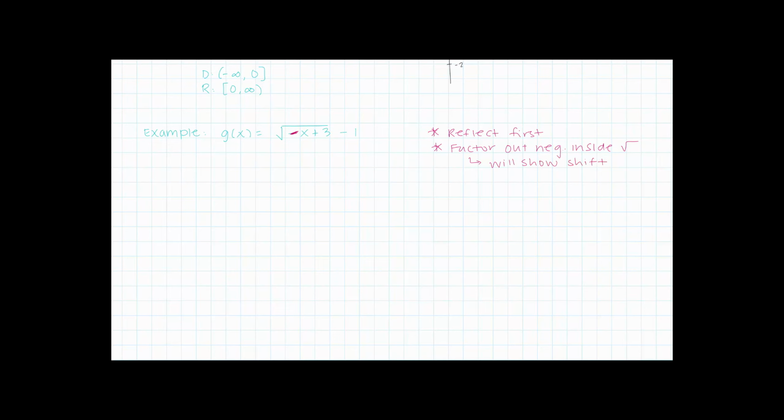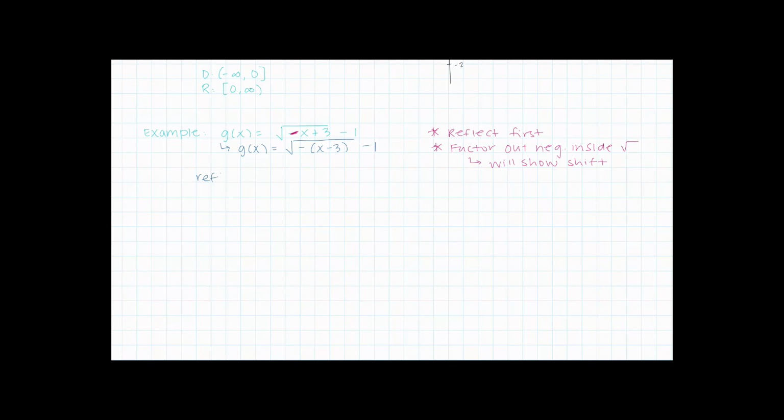So what I mean by that is we're going to look at this now as g of x equal to the square root of negative x minus 3, and then a minus 1. It only affects what's underneath the square root, it doesn't affect the negative 1 at all, and now that we factored it out, I can actually see what's happening.